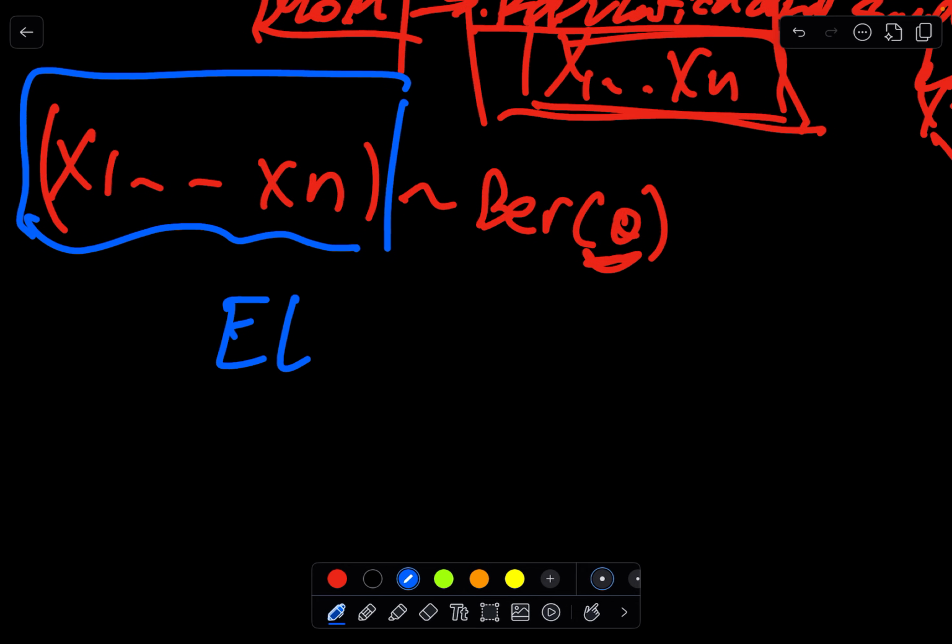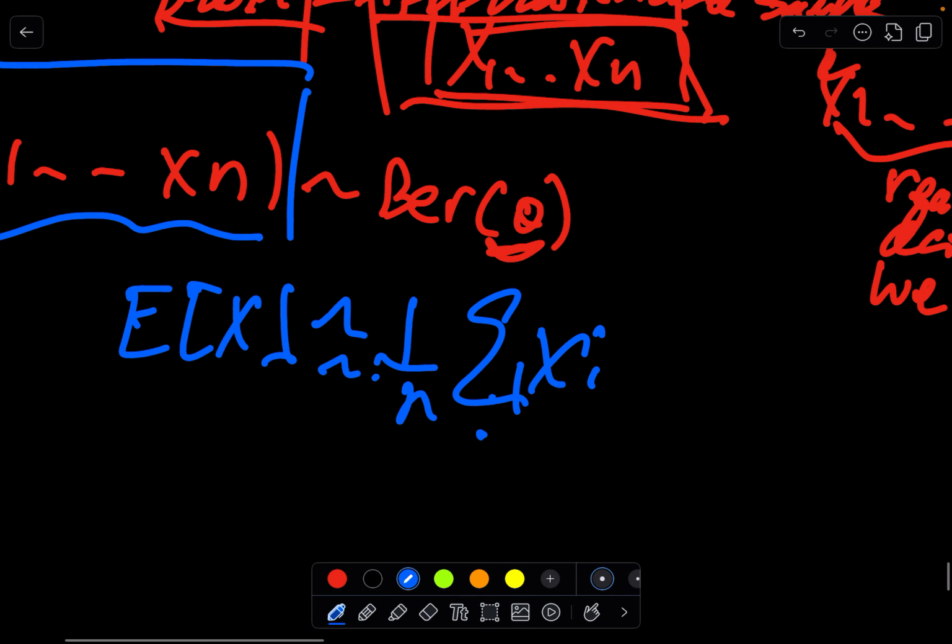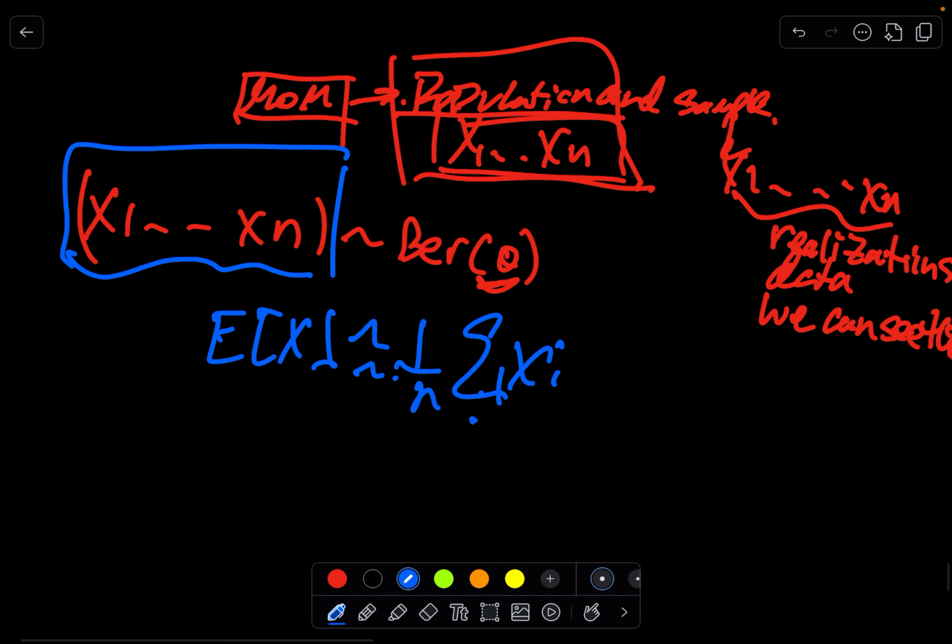The expectation of x should match our empirical version. Clearly, as n goes to infinity, this is true via the LLN, the law of large numbers. But intuitively, this talks about the truth.